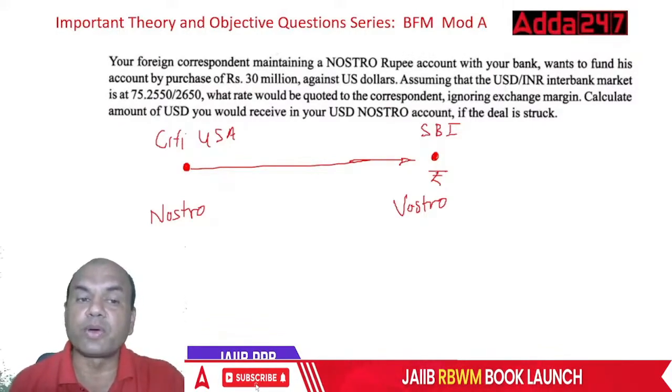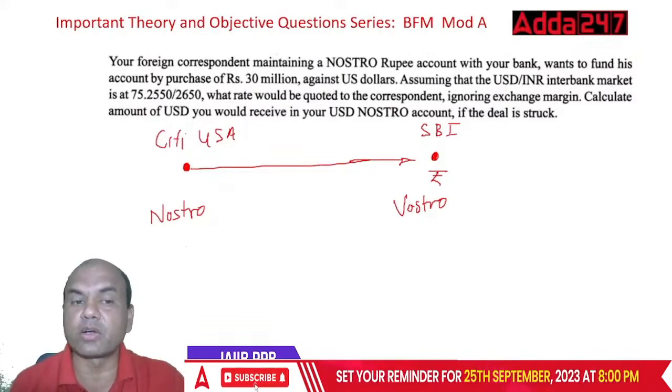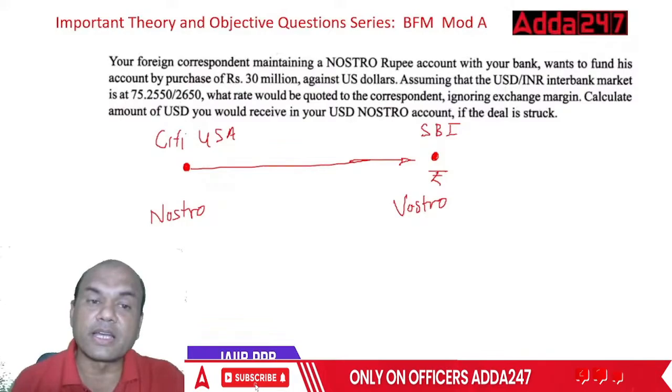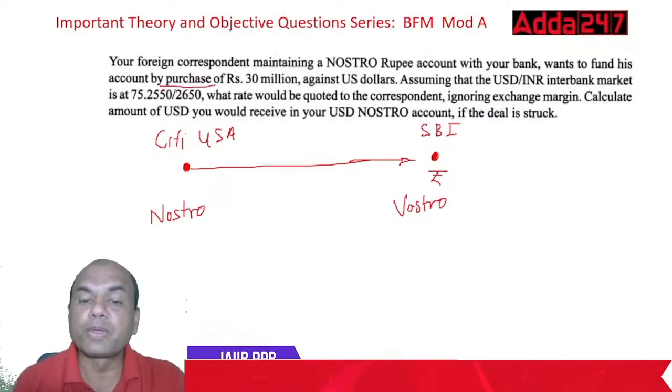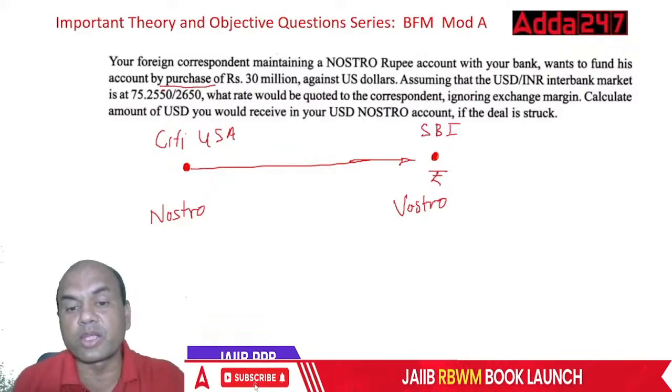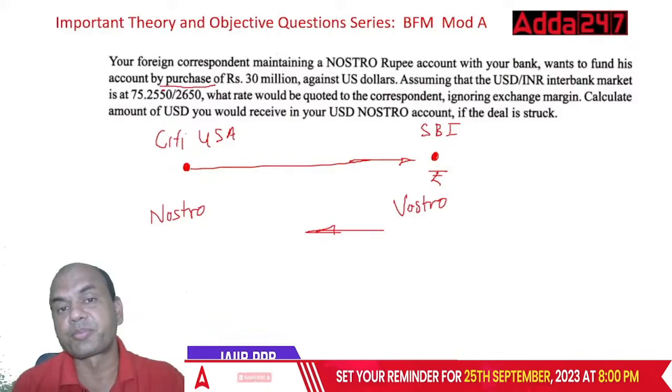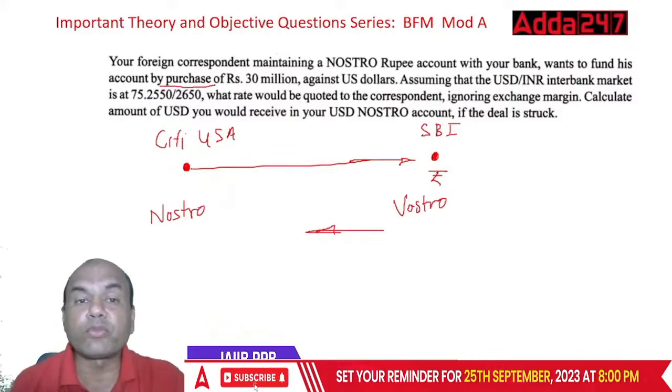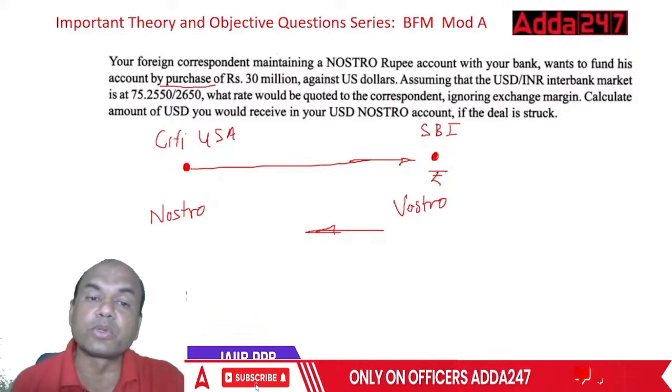Now it wants to fund this account by purchase of rupees 30 million. Understand this properly. Purchase of rupees 30 million means what? Rupees are purchased. Whenever you purchase a vegetable, the vegetable goes to you. Who is purchasing?